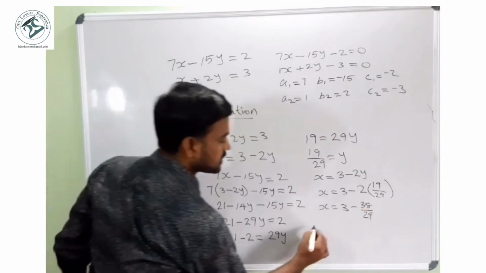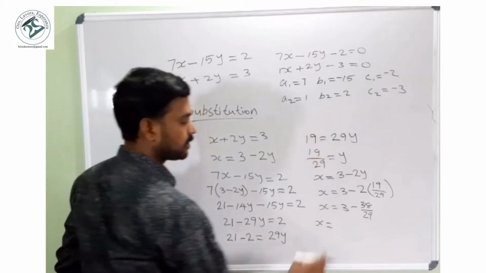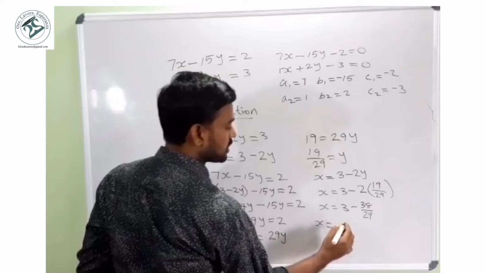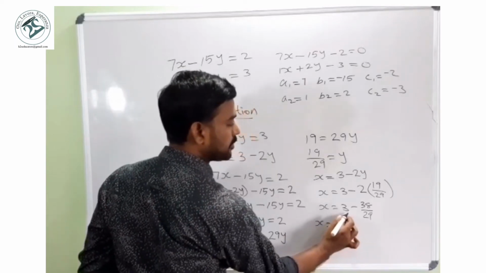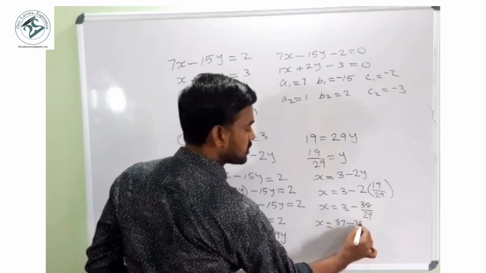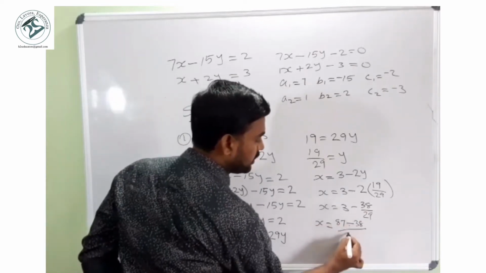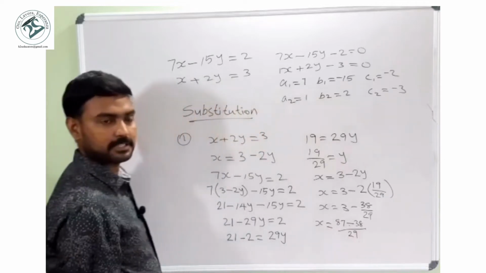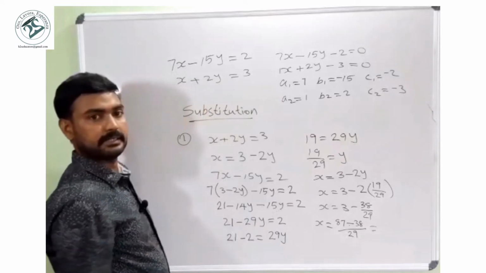So we get x is equal to, by using cross multiplication we can continue here. We know that 3 into 29 is equal to 87, minus, here 1 is the denominator, 1 into 38, 38 divided by 1 into 29, 29. This is cross multiplication. Now we can subtract 87 minus 38.